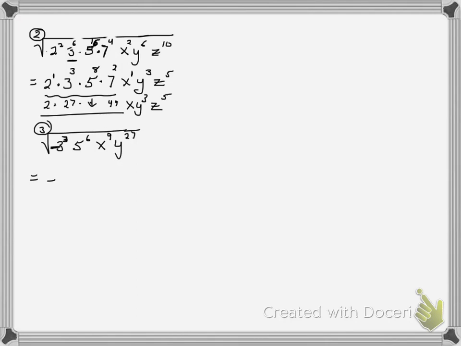Because a negative times a negative times a negative, when I multiply it back, would equal negative. So odd ones work, even ones do not. And my base is 3. 3 divided by 3 is 1. My base is 5. 6 divided by 3 is 2. My base is x. 9 divided by 3 is 3. And my base is y. 27 divided by 3 is 9. Go ahead and expand the number part. This would be 25 times 3, or minus 75 x cubed y to the 9th.